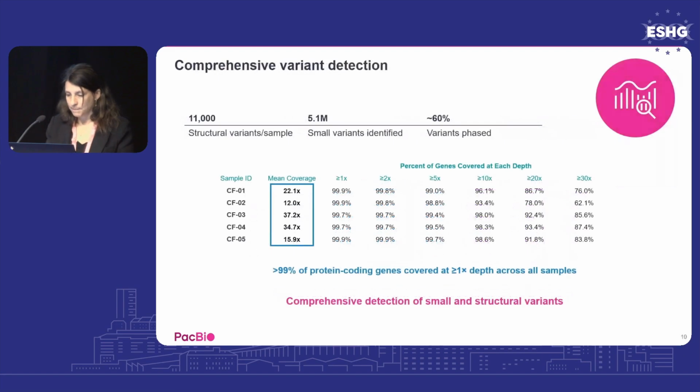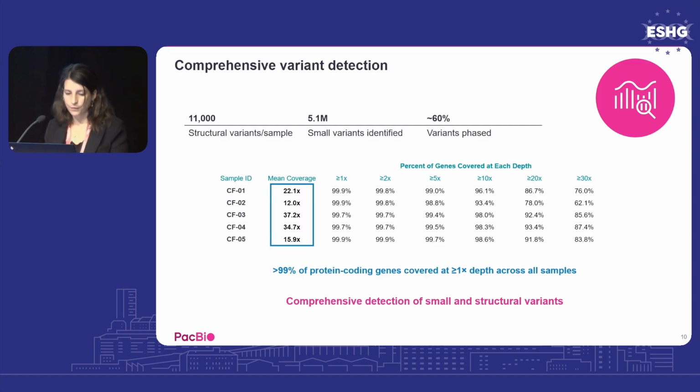So then of course the next step, the variant detection. We identified 11,000 structural variants per sample. This is usually what we typically see.